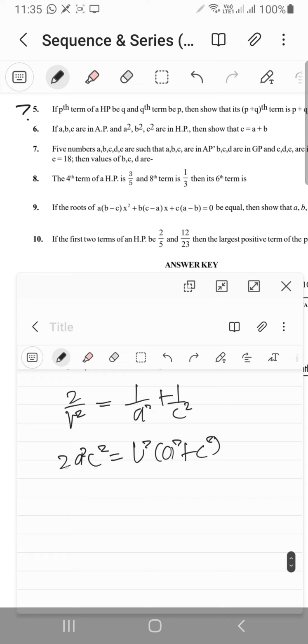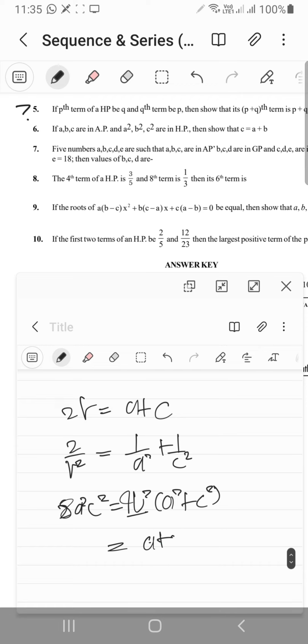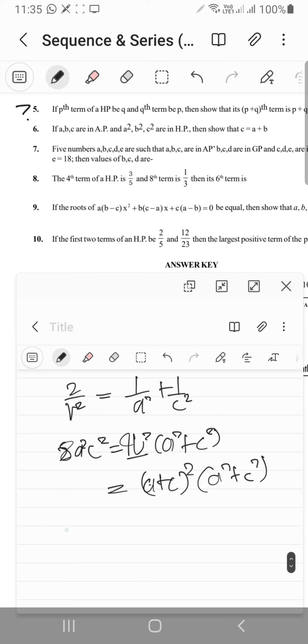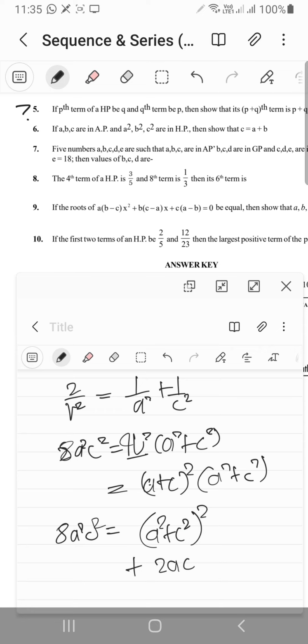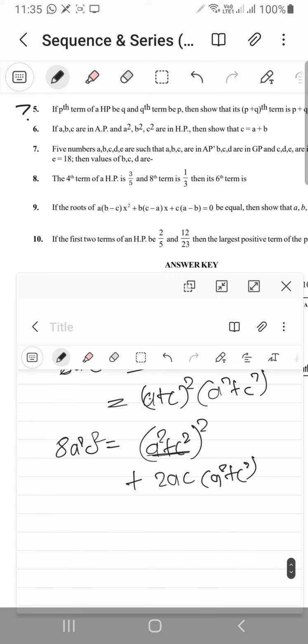So if I multiply this by 4, 8 a squared c squared equals 4 times b squared, which is 2b squared times 2, but 2b is a plus c, so a plus c squared into a squared plus c squared. So 8a squared c squared equals a squared plus c squared plus 2ac into a squared plus c squared. We can say this is x, and this thing is y.